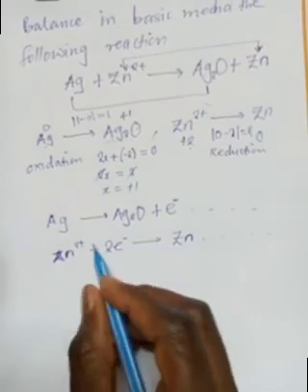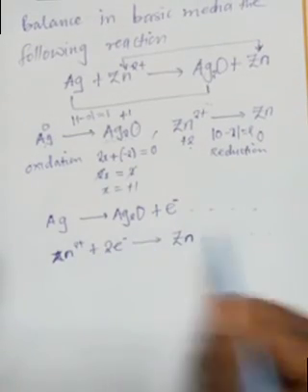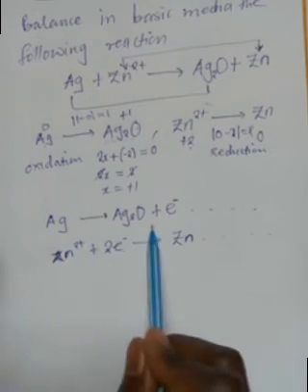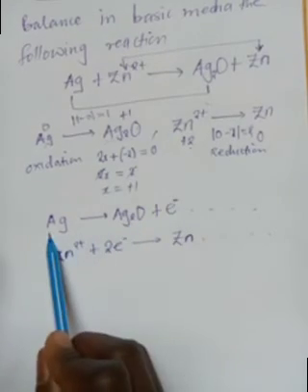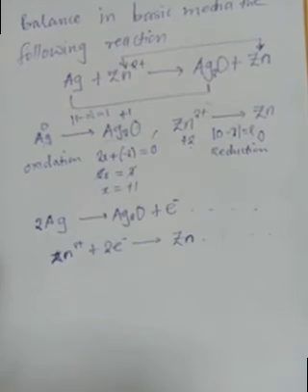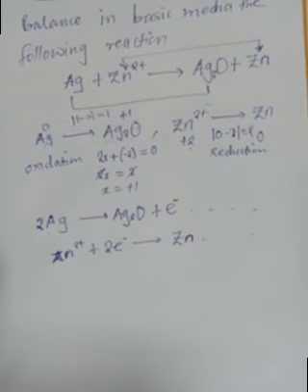So if you check here, which element do you think we can balance here? If you check on top here, we're having 2 of these, but here we only have 1, meaning that this one has to be balanced like this one. We're going to have 2 of silver metal.